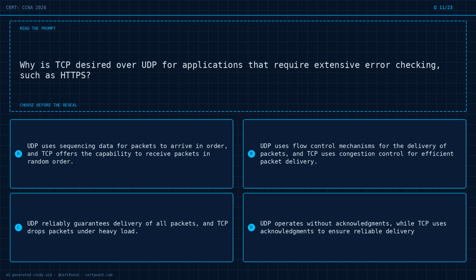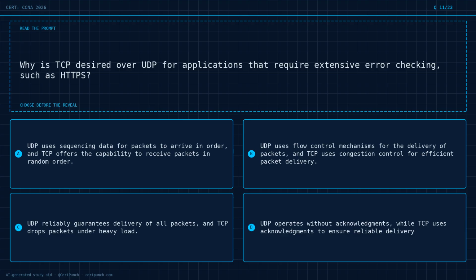Option B. UDP uses flow control mechanisms for the delivery of packets, and TCP uses congestion control for efficient packet delivery. Option C. UDP reliably guarantees delivery of all packets, and TCP drops packets under heavy load. Option D. UDP operates without acknowledgements, while TCP uses acknowledgements to ensure reliable delivery.